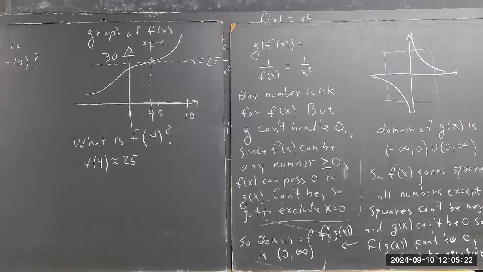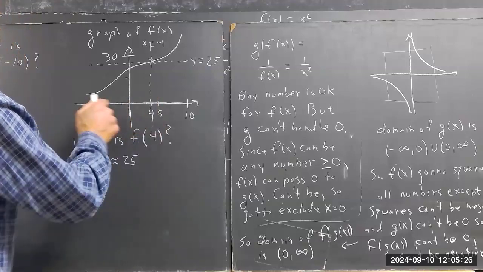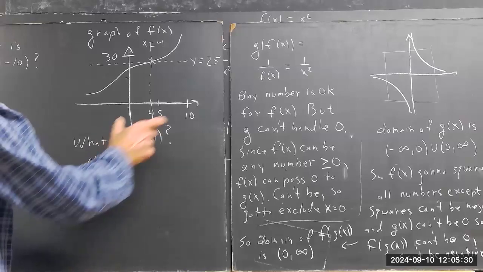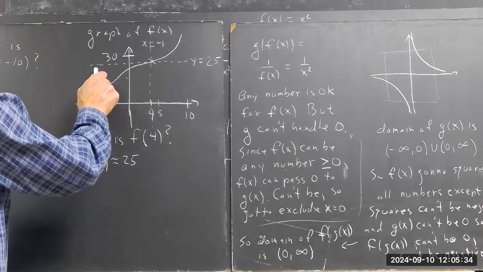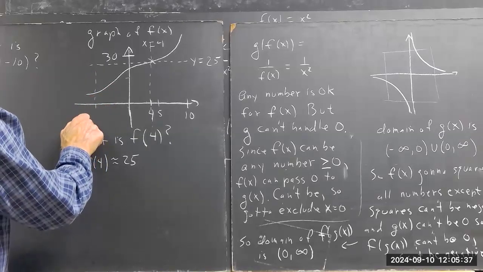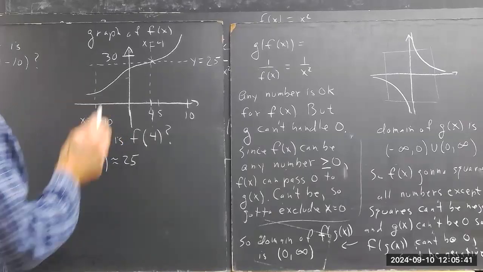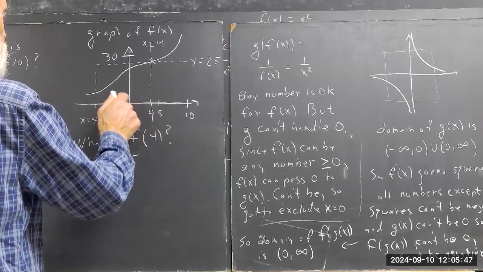Okay. Well, 4 minus 10 is 10 units to the left of 4, right? So we go 10 units to the left of 4, and we end up about here. And of course, it's -6. We don't have a formula, we call it 4 minus 10 if we want to. So we just move 10 units.